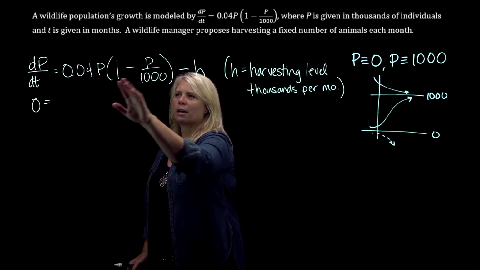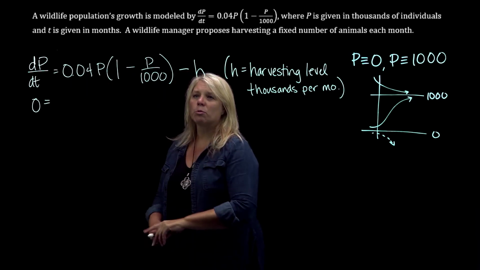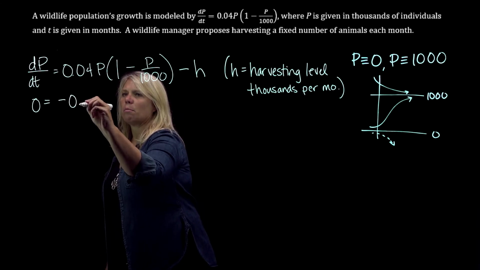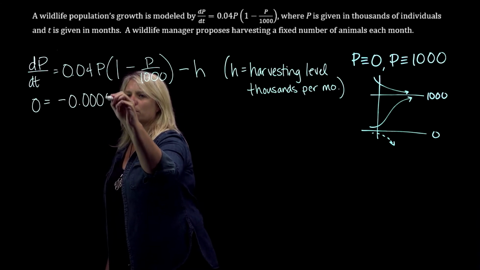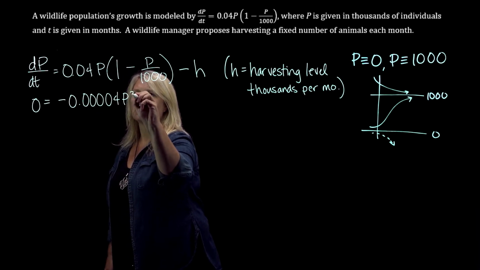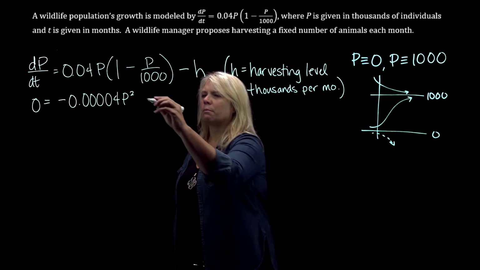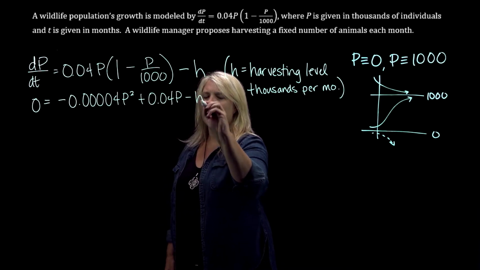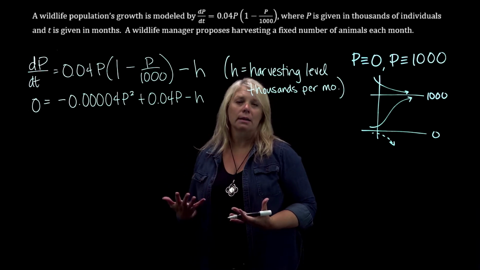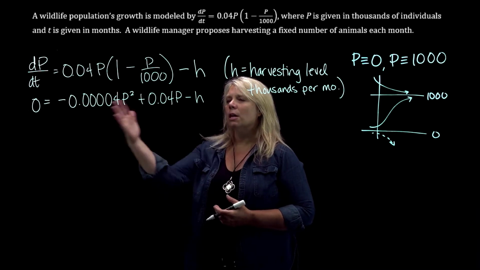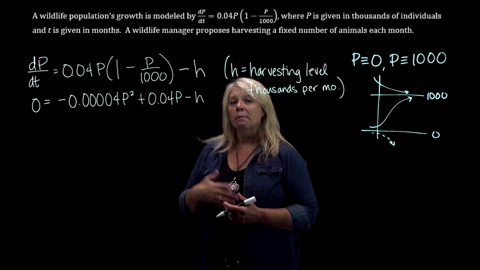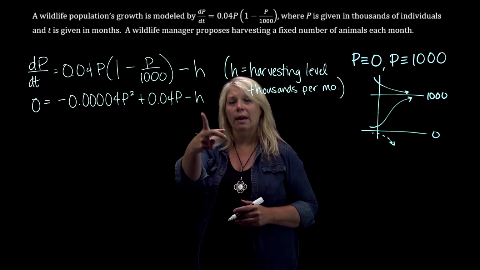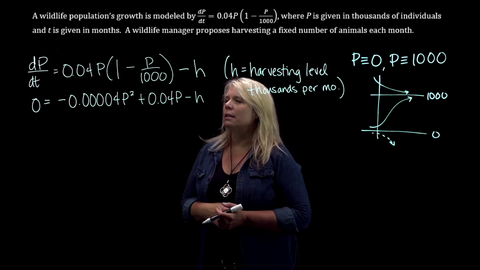If I just simplify the coefficients, 0.04 times 1 over 1,000, we'll get a negative 0.00004 p squared, and then we'll have a p term, and then our H term, which remember is a constant, but it's a constant that we don't know what that is. And so we want to solve this for p to find our equilibrium solutions. Our solution will involve H because that's our unknown constant here.